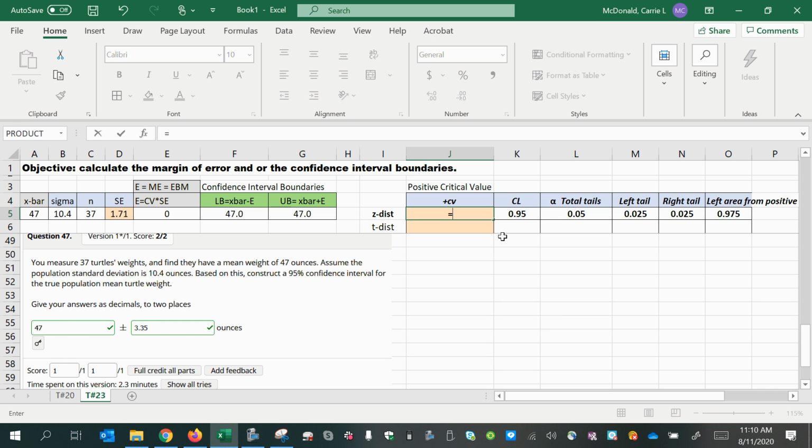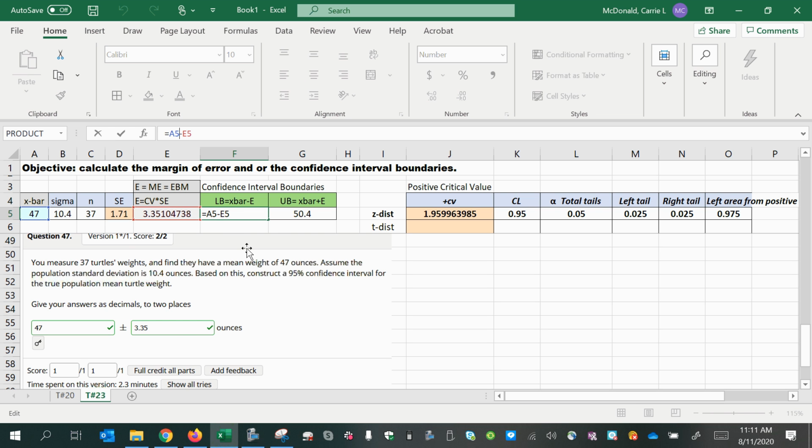So I can find my z-score either doing norm.inverse, since it's a z-score, and use the probability all the way from the left with a mean of 0 and a standard deviation of 1, and that's because it's a z-score. Then I get my critical value of about 1.96, and notice that my margin of error has calculated to be 3.4-ish, and my boundaries have recalculated as well, just using my sample mean plus and minus my margin of error here.